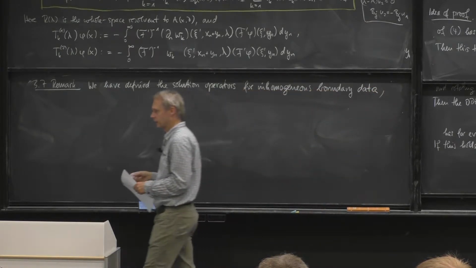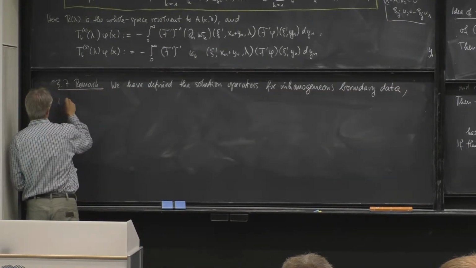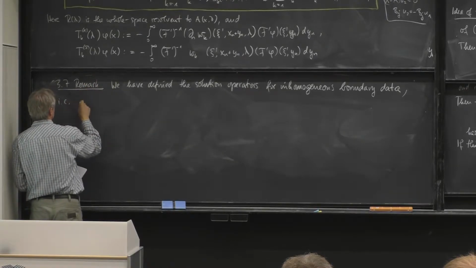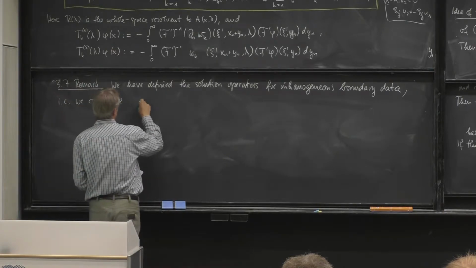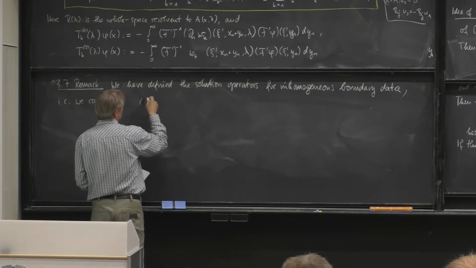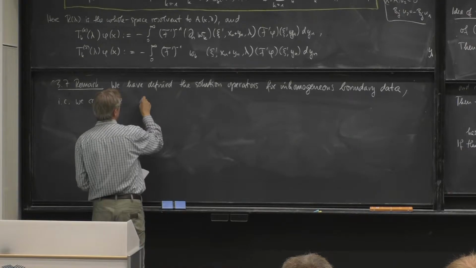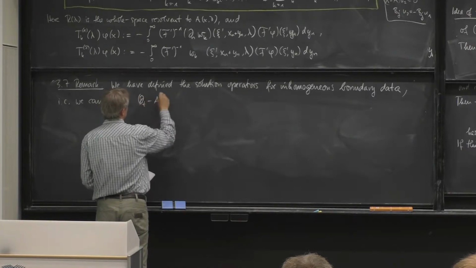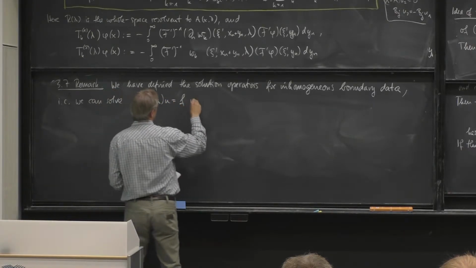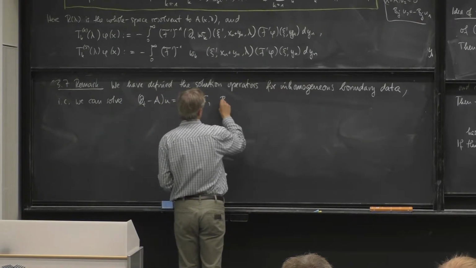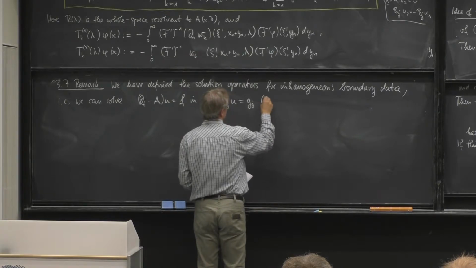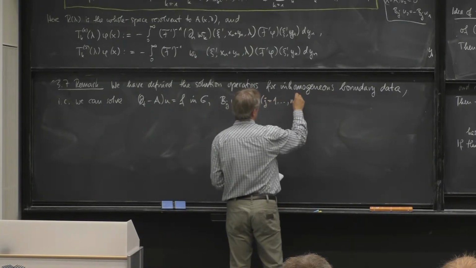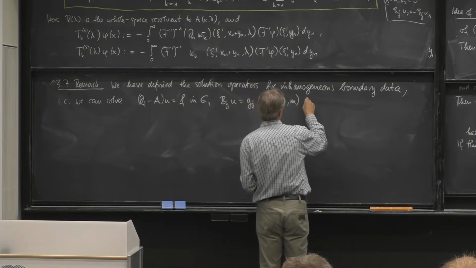Which means we can now solve, with the same solution operators, say lambda or say dt, doesn't matter, A u equal f in G, and Bj u equal gj, j from 1 to m, on the boundary.